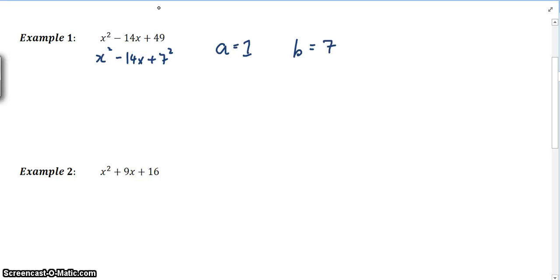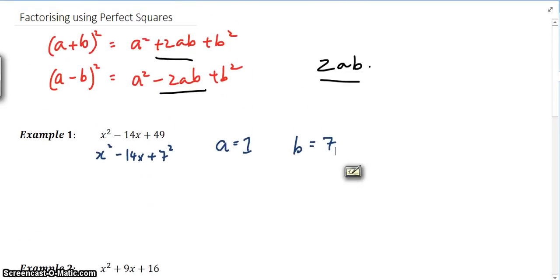What I mean by the 2ab aspect is that you've got a 2ab here. We need to check first that if we go 2 times whatever a is times whatever b is, it actually comes up with whatever our question says.